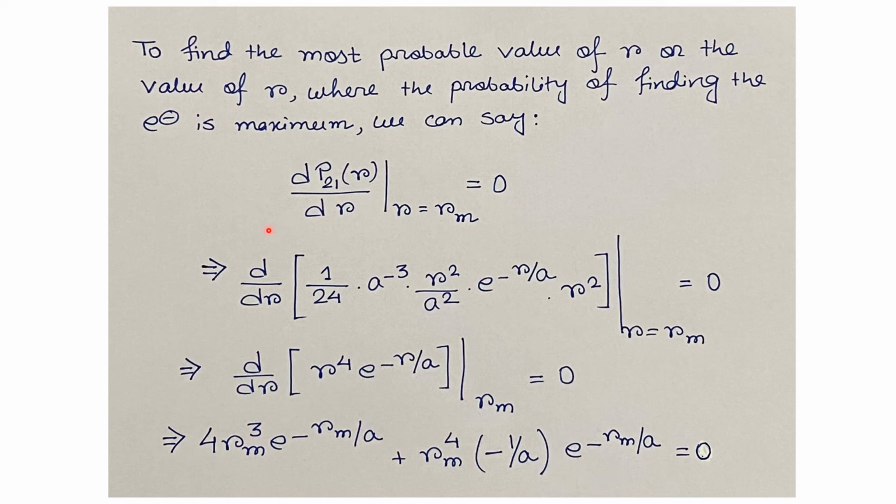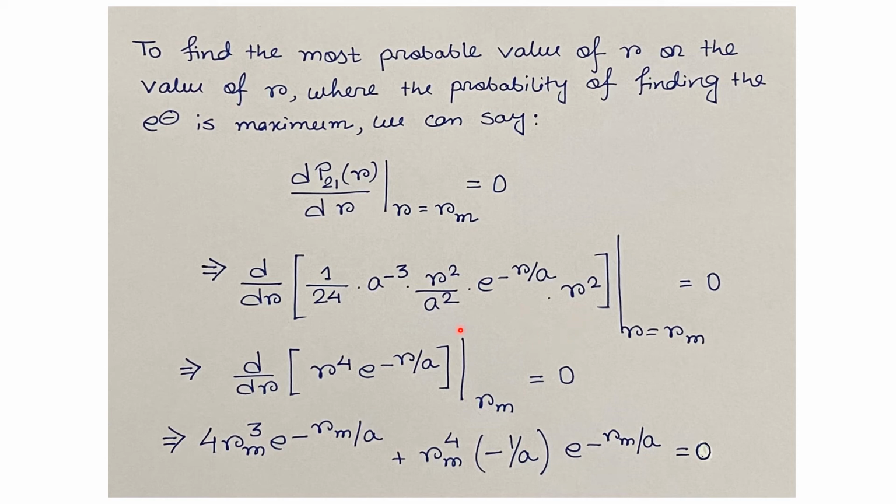So we'll put the expression for P21 in this equation. Now P21 is mod of R21 square times r square. Mod of R21 square is 1 by 24 times a to the power minus 3 times r square by a square times e to the power minus r by a, times r square.